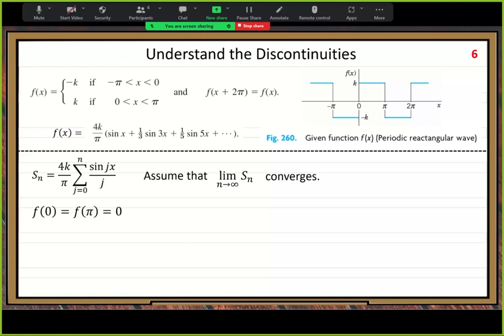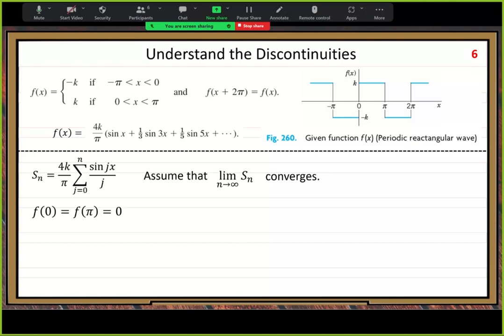But if you look at our original function, do we have a definition at 0 and pi? No. We have negative k between minus pi and 0, and positive k between 0 and pi, but nothing at 0. What's the value at 0? We don't know. It's not defined.